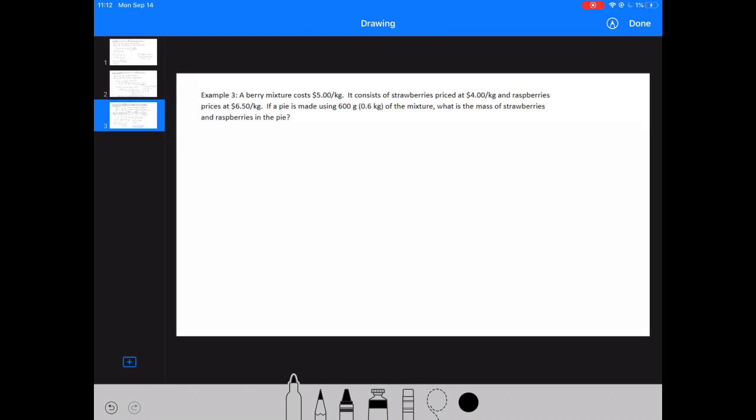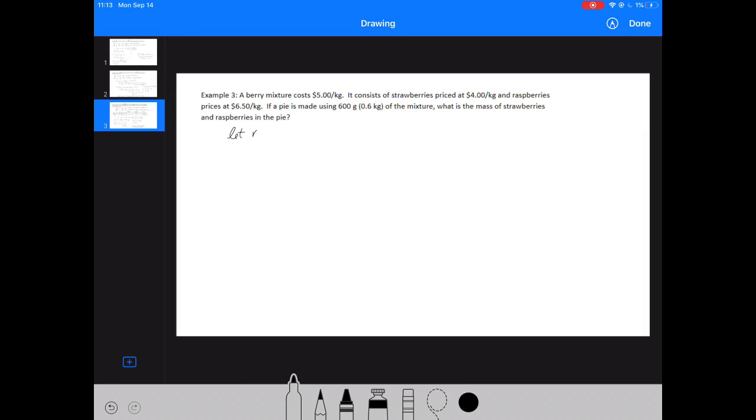Example 3. A berry mixture costs $5 per kilogram. It consists of strawberries priced at $4 per kilogram and raspberries priced at $6.50 a kilogram. If a pie is made using 600 grams of the mixture, what is the mass of strawberries and raspberries in the pie? So first thing that we want to do is set up some variables.